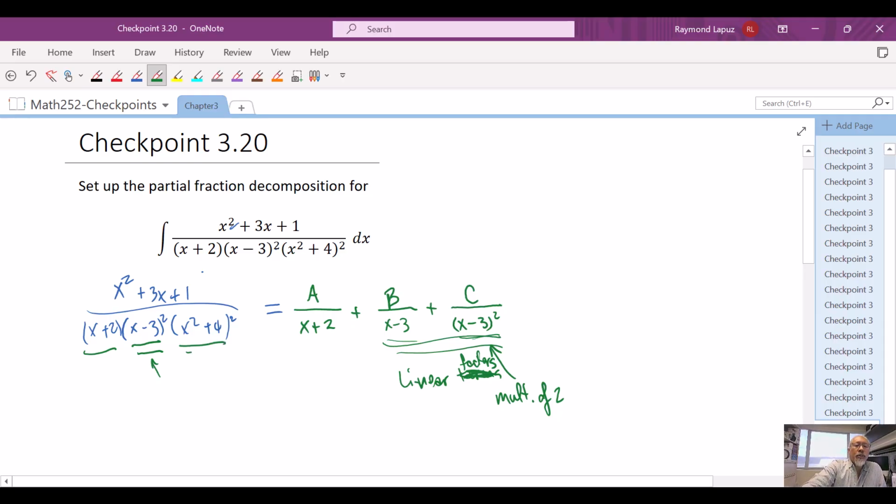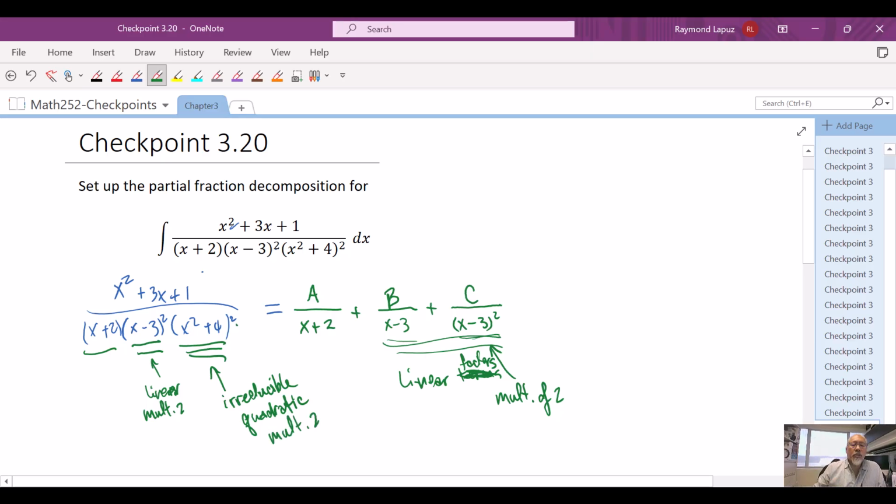Now this last one, we have to note that the previous one was linear with multiplicity 2, and this one is a quadratic, and just to be more precise, this is an irreducible quadratic. Not only that, but it also has multiplicity 2.